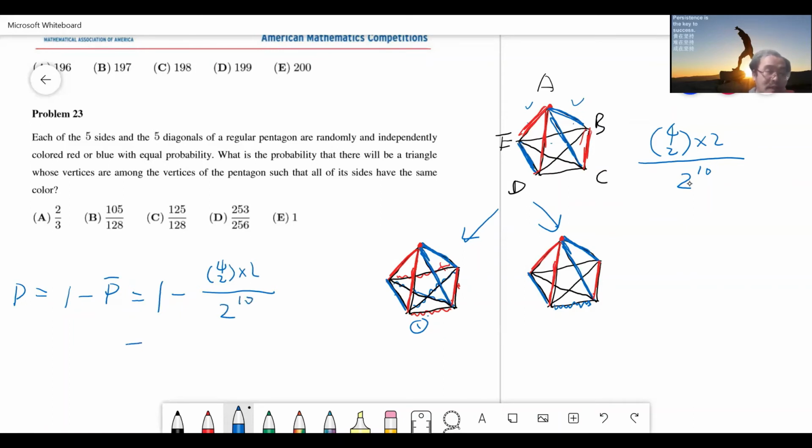Let's simplify. This is 1 minus 6 times 2 over 2 to the power 10. Simplifying, this is 1 minus 3 over 2 to the power 8, that's 256. So the final solution is 253 over 256. That's the answer. D is correct.